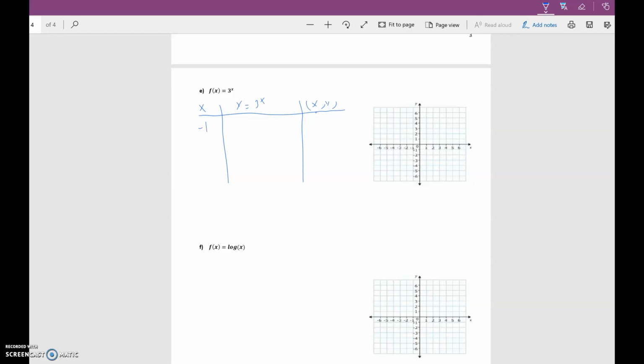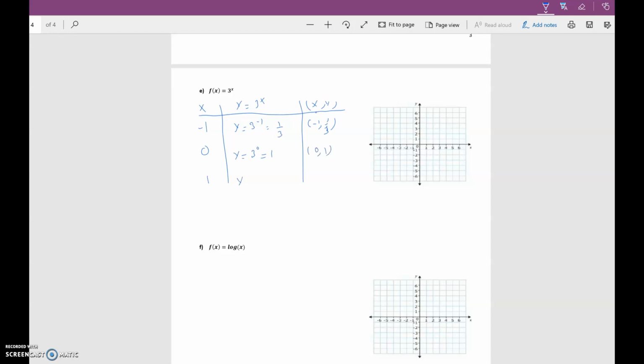As you select -1, y is equal to 3 to the -1, and that's just a third. You can use a calculator. So this is 1/3. So -1, 1/3. If you select 0, y is equal to 3 to the 0. This is 1. It's one of the rules that we saw at some point in the algebra classes. So this is 0, 1.